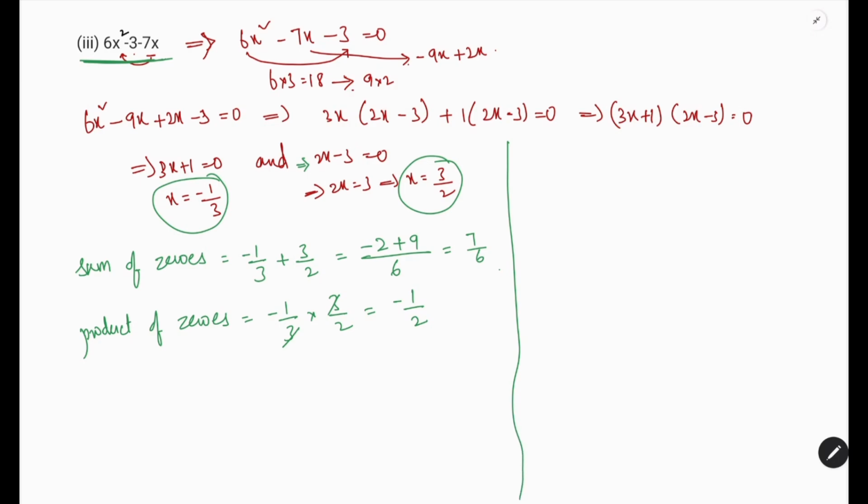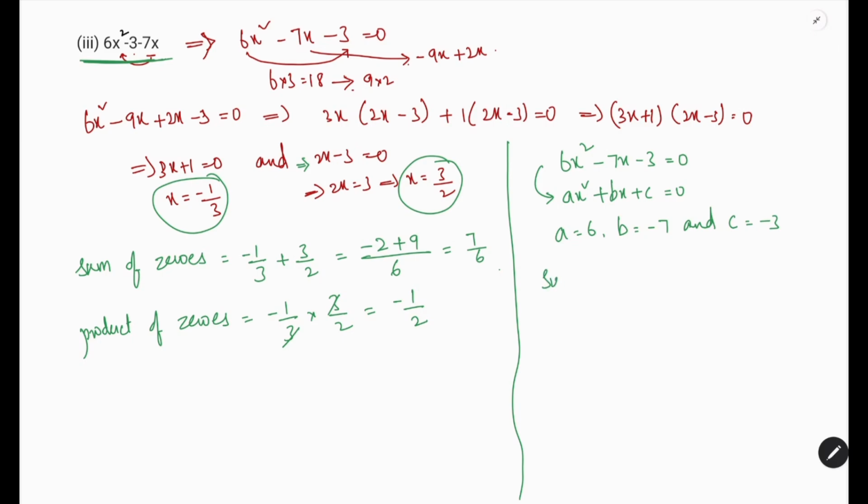Now compare this polynomial to the general form ax square plus bx plus c equal to 0. When you compare, you get a equal to 6, b equal to minus 7 and c equal to minus 3.